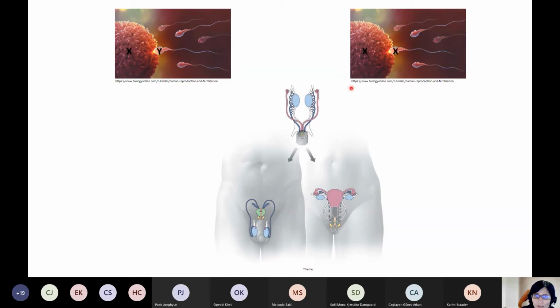And then the sperm cell, the spermatozoon, will define the chromosomal gender of the zygote. If the spermatozoon contains a Y chromosome, the zygote will have XY sex chromosomes. If the spermatozoon contains an X chromosome, the zygote will contain XX sex chromosomes.